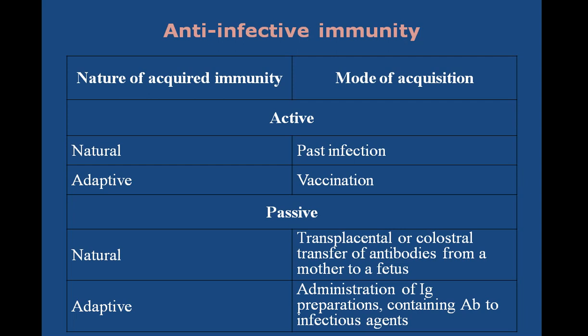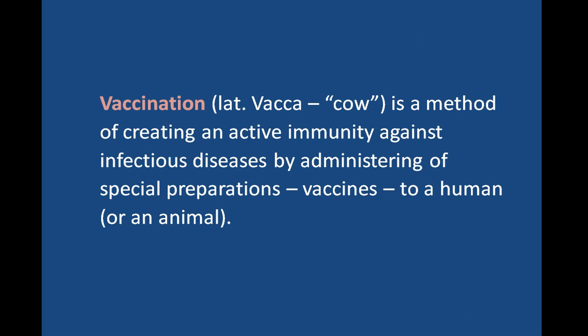Adaptive, administration of immunoglobulin preparations containing antibodies to infectious agents. Vaccination is a method of creating an active immunity against infectious diseases by administering special preparations, vaccines, to a human or an animal.